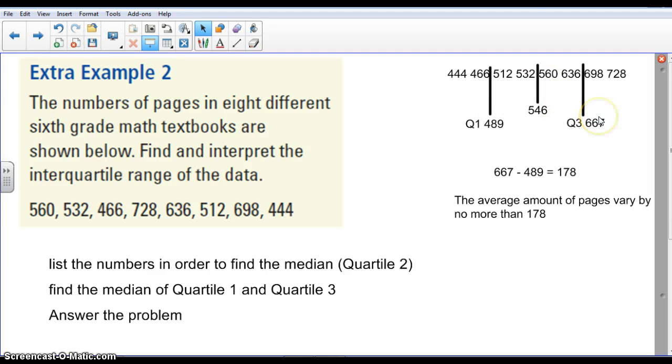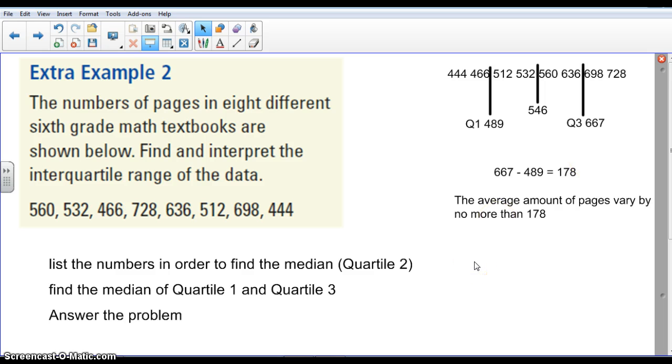Quartile 3 was the median between the upper half of the numbers, and it comes to 667. So just like your formula tells you in your notes, you subtract quartile 1 from quartile 3. So it's Q3 minus Q1, and you get 178.